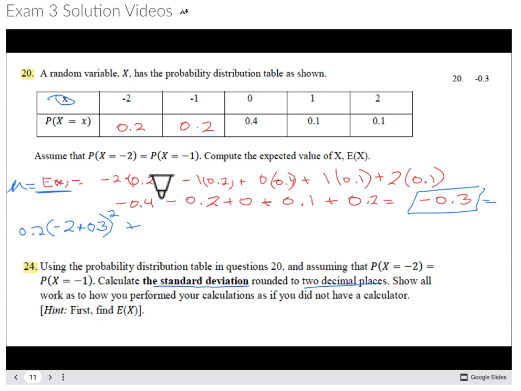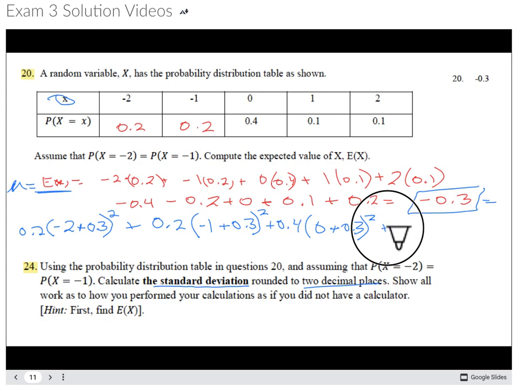I'm going to add to it the probability of this happening times that x value, subtract the mean from it, and since the mean is negative, we're going to add 0.3. We're going to square it, and then do the same thing with the next value of x. So that's 0.4 times 0 minus -0.3, so that becomes plus 0.3.